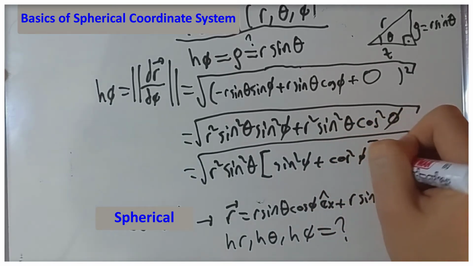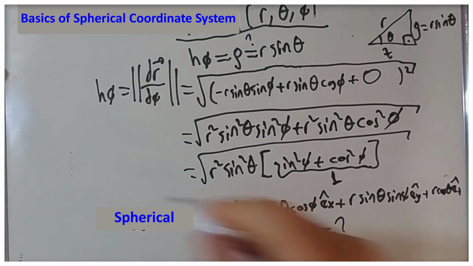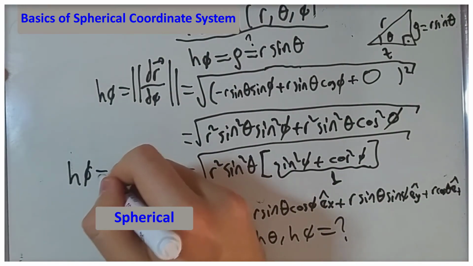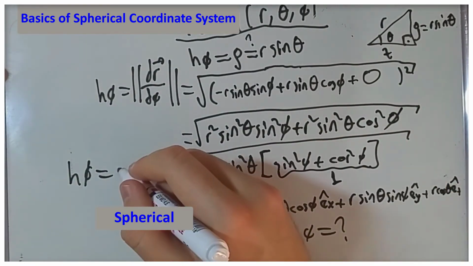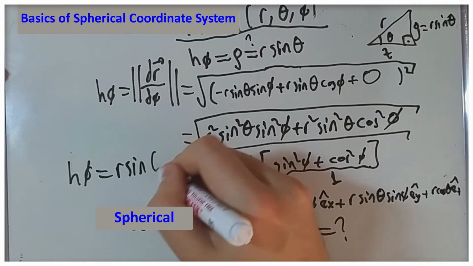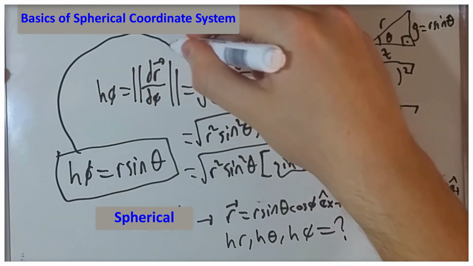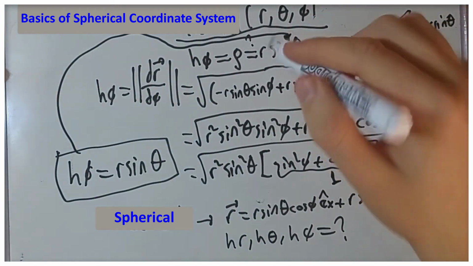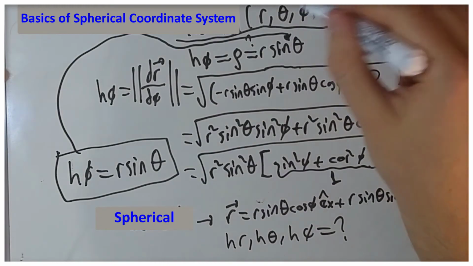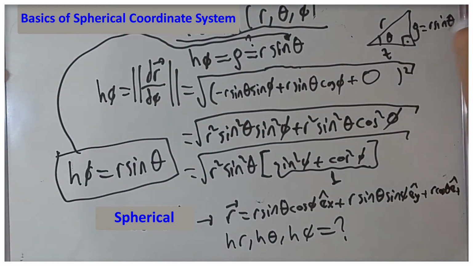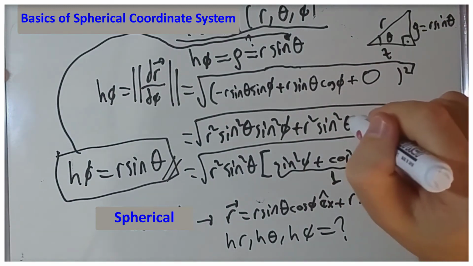This is 1, friends. So what we found is h phi equals the root of r squared sin squared theta, which comes out as r sin theta outside the root. Here we have proved this again. I mean, it actually equals rho. We have seen that. But since the expression of rho in terms of spherical coordinates is r sin theta, I have expressed the result as r sin theta again.